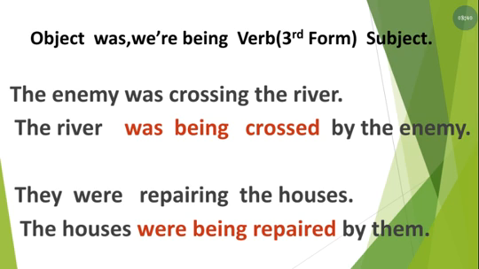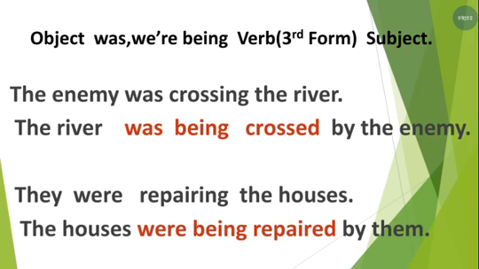So can you identify the object? Yes, the houses. The houses. Your object is plural, that's why you will use were with it. The houses were. After the helping verb, you are supposed to use being. The houses were being. In passive voice, we use third form. The houses were being repaired by them.